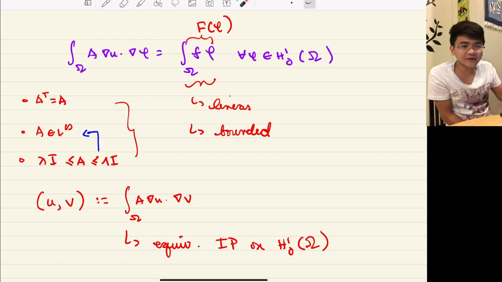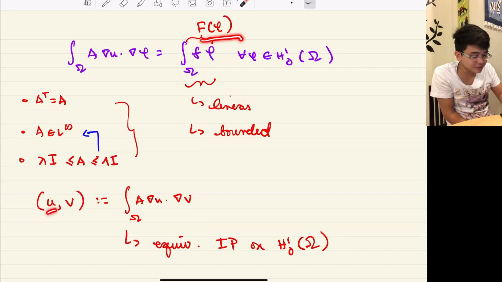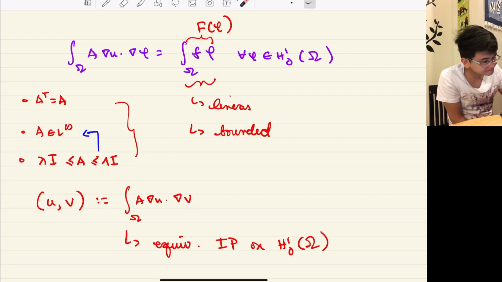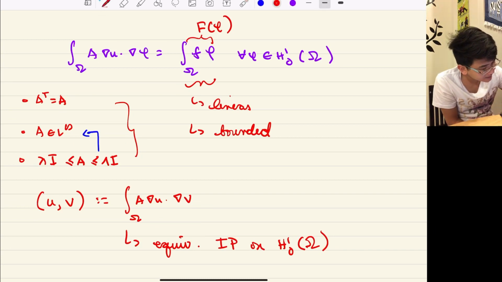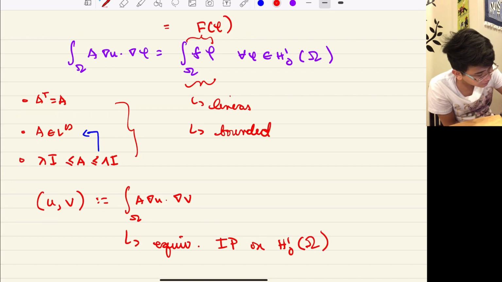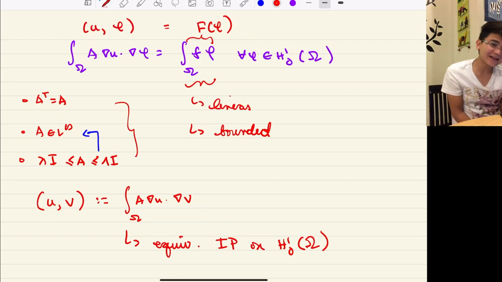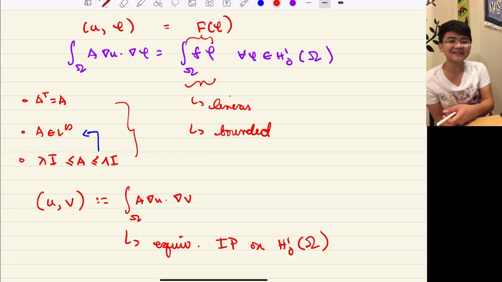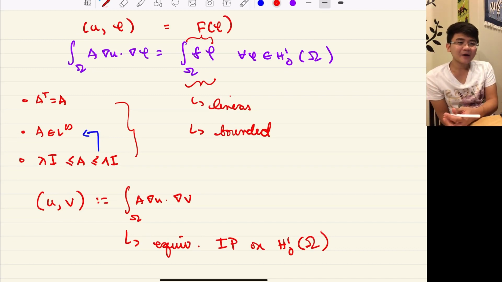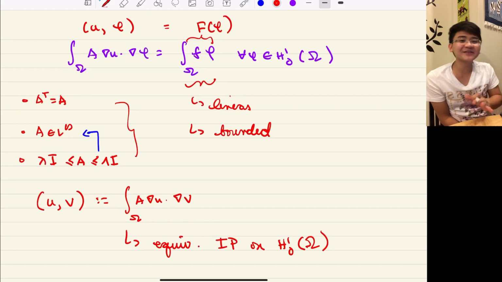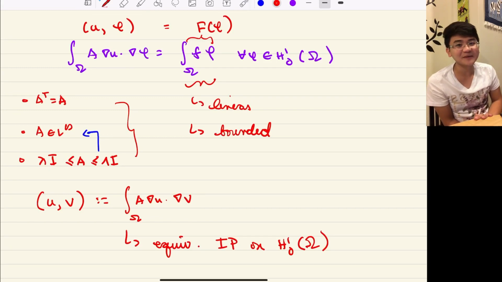Okay, so I have a linear functional and I'm looking for something in U such that f of phi is equal to u phi. And does that ring a bell? That is precisely the situation where the Riesz representation theorem would be very helpful.